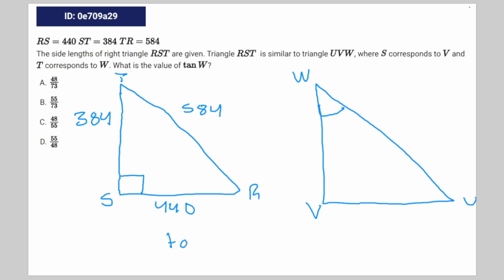So tangent of W is equal to opposite, which is UV, which corresponds to RS, so it's going to be 440, over adjacent, which is equal to WV, which corresponds to TS, so that's going to be 384. And that is equal to 55 divided by 48, which means that D is the correct answer.